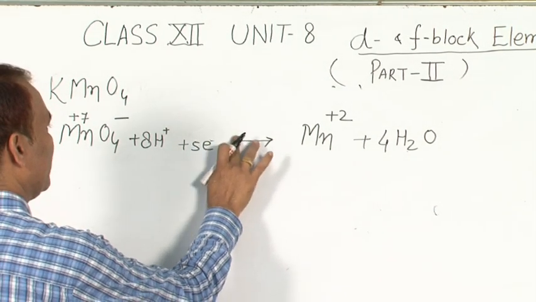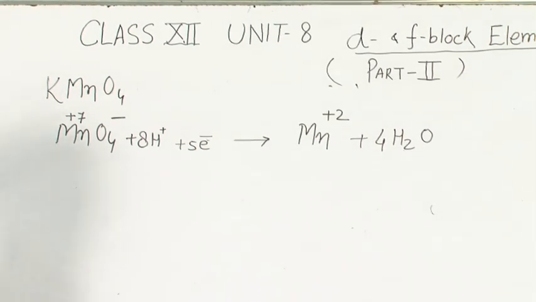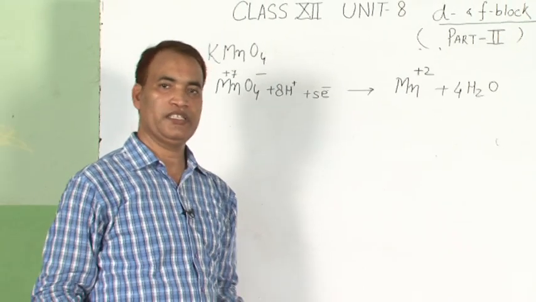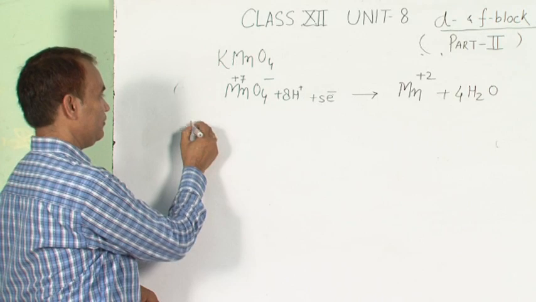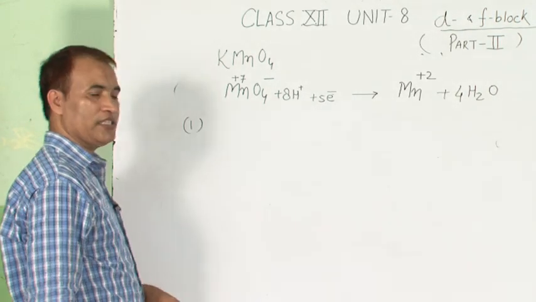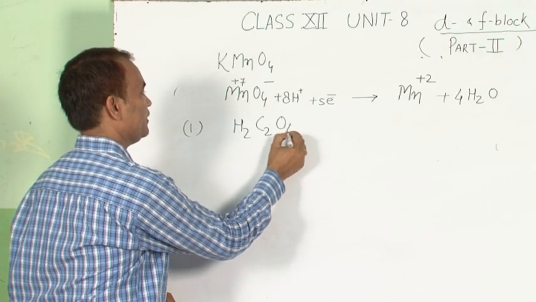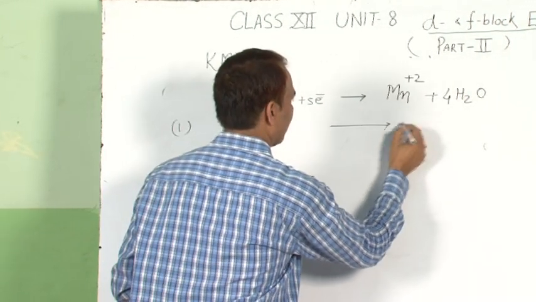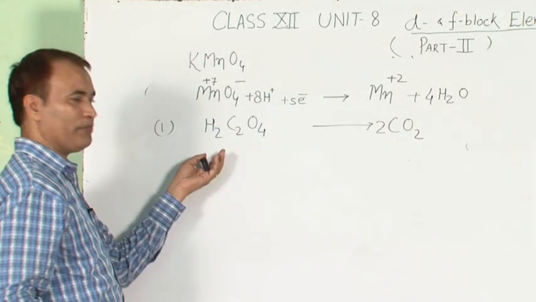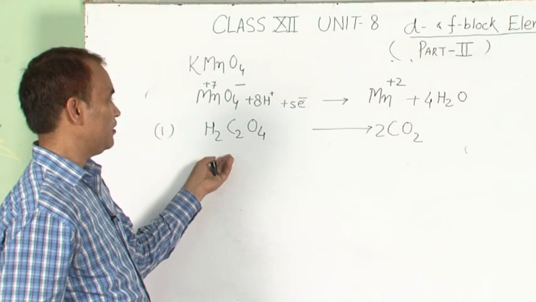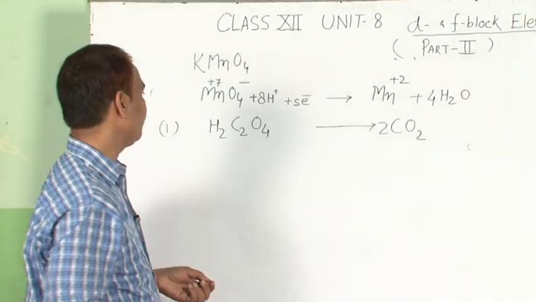If you know this ionic reaction, we can easily write the oxidizing property of potassium permanganate in acidic medium. For example, here are certain reactions. Number 1, it oxidizes oxalic acid into carbon dioxide. This we do in the practical volumetric analysis, titration of potassium permanganate with oxalic acid.